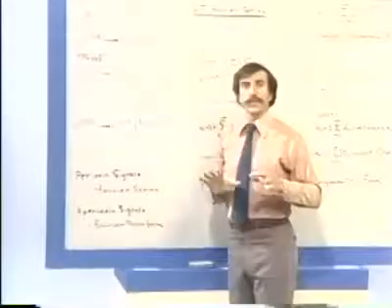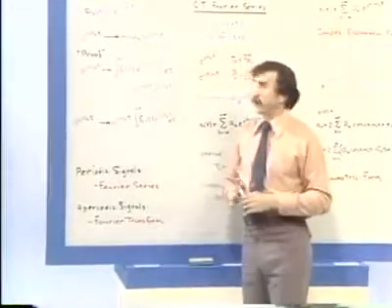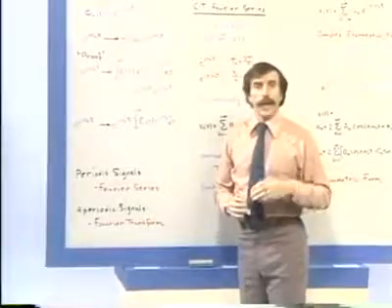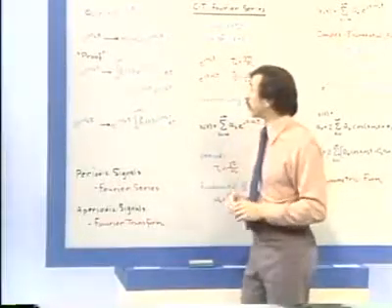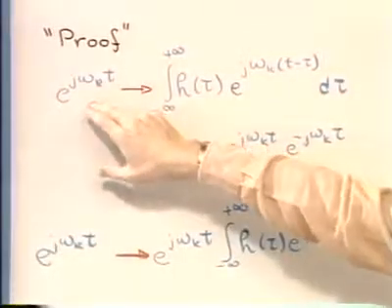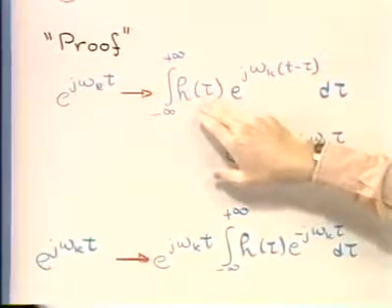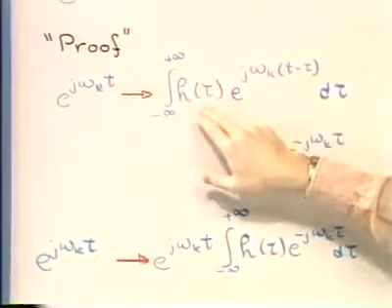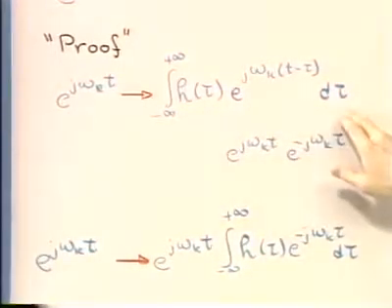Now, more or less the justification for this, or the proof, follows by simply looking at the response to a complex exponential using the convolution integral. So if we put a complex exponential into a linear time invariant system with impulse response h of t, then we can express the response as I've indicated here.